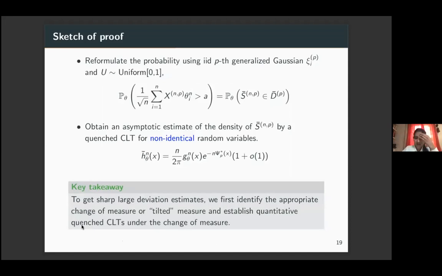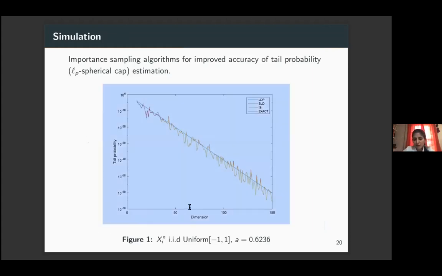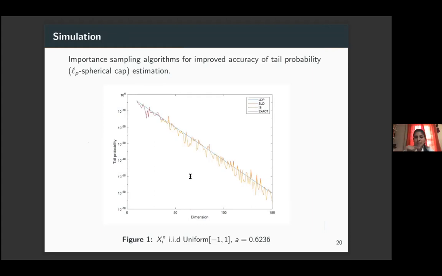I have a lot of plots in our paper, but this is probably not the most stunning plot, but I just want to tell you how well it tracks the oscillation. So what is this plot? The x-axis is dimension, and the y-axis is the tail probability, and you can see that it's 10 to the minus 70, 10 to the minus 60.